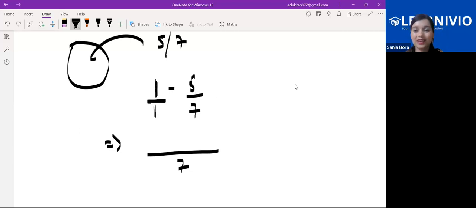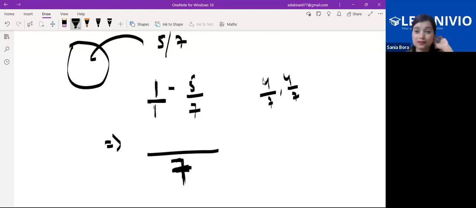Hannah, you tell me. Ma'am, we first find the LCM. The LCM of 1 and 7 is 7. So we'll have 7 by 7 minus 5 by 7. Now we can subtract: 7 minus 5 is equal to 2. Ira, do you want to add something? Halima also said 4 by 7.